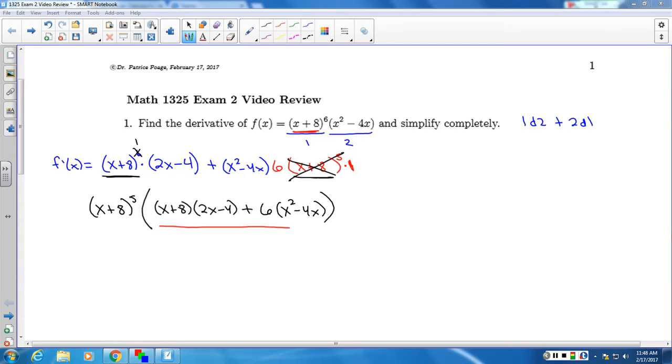So I'm going to simplify this stuff in the middle. I've got x plus 8 to the 5th. Foiling that out, x times 2x is 2x squared minus 4x plus 16x minus 32. And over here I'm going to multiply the 6 through. So plus 6x squared minus 24x.